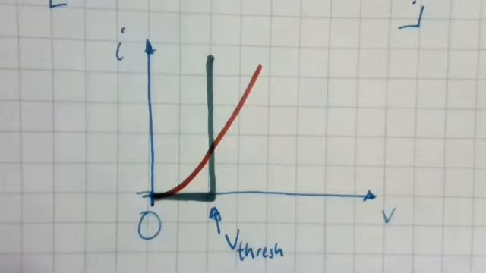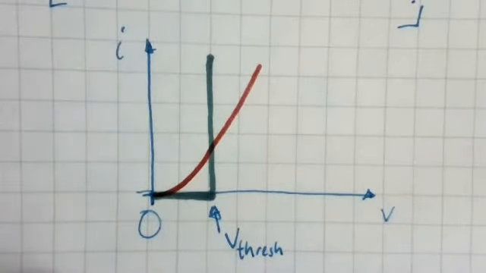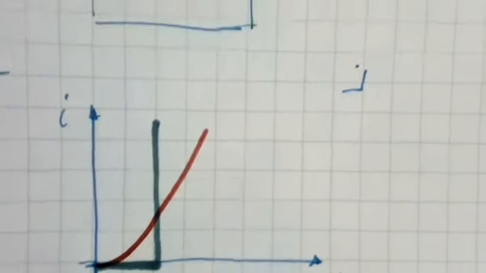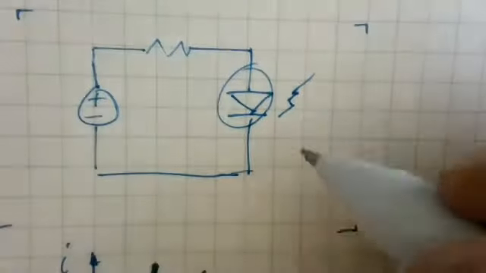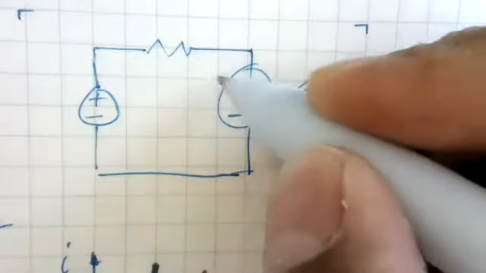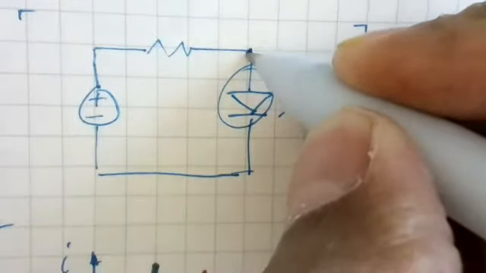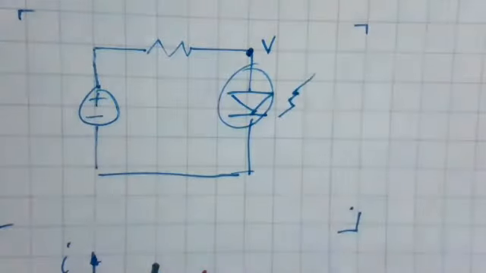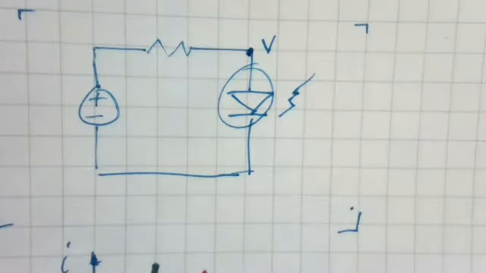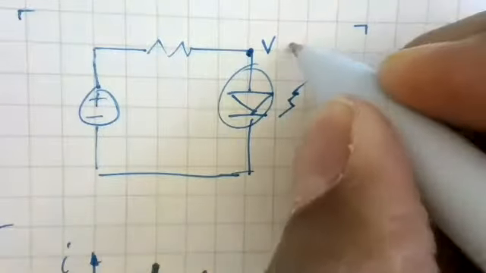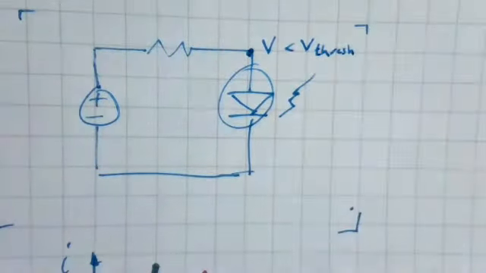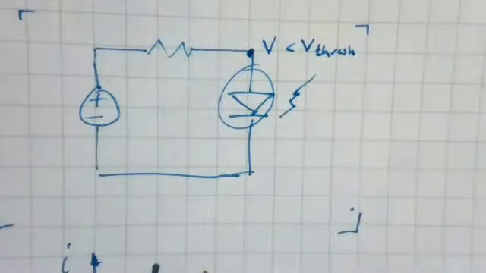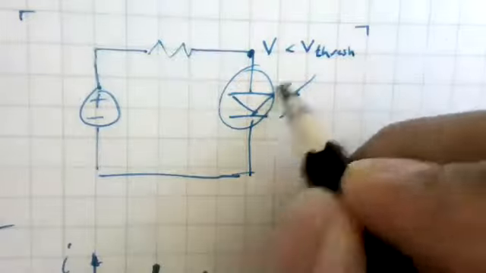So the way that a diode behaves in a circuit is that if it's off, so if the voltage here, we'll call that V, is less than V thresh, then again to zeroth order or first order, this is effectively off.